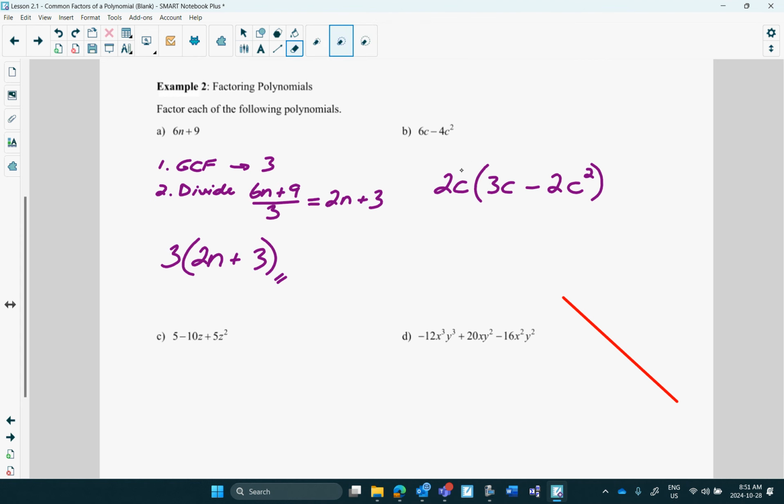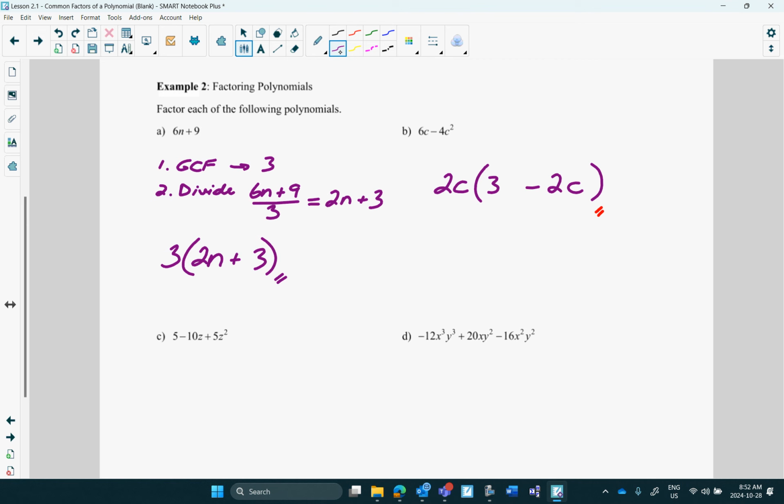So the answer should be 3 minus 2c. Again, if you're not comfortable going to that step right away, then break it up like this. Okay?